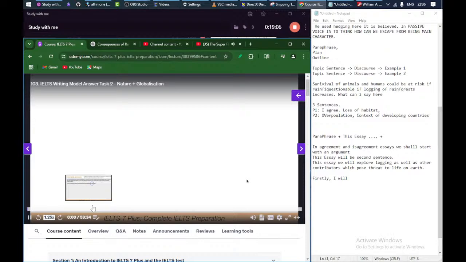Broadly speaking, trees are a natural environmental balancer. They produce oxygen and absorb CO2.